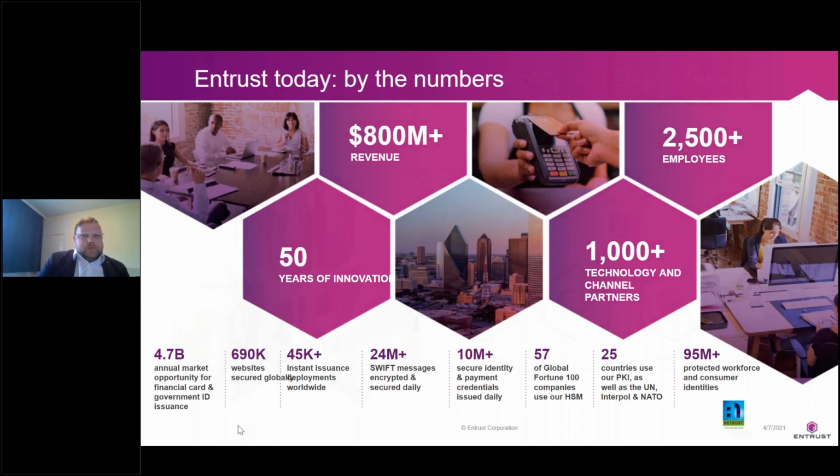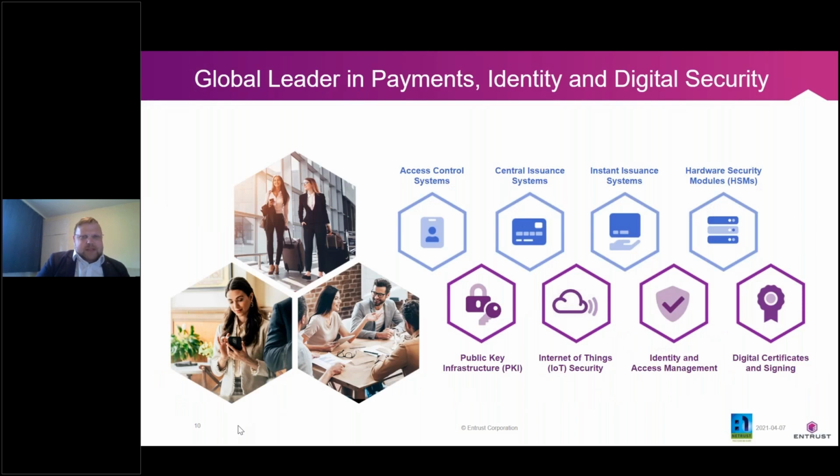So just wait a second for the slide to transition. So security is our core business. It's important to emphasize it's not an add-on for Entrust. Not surprisingly then, as you can see from the slide, we have the most robust security portfolio available in the marketplace today, with the full suite of both physical as well as digital solutions, which can range from access control and instant issuance to both PKI and IAM.